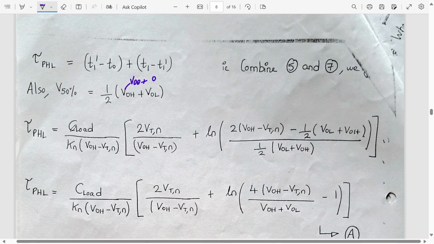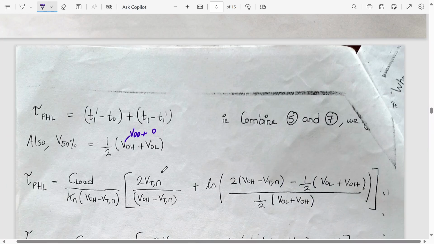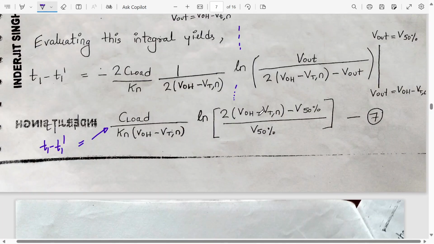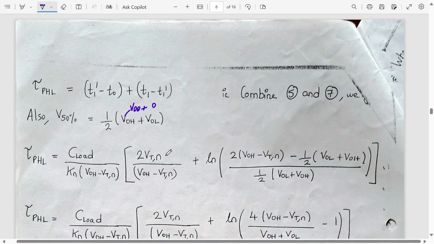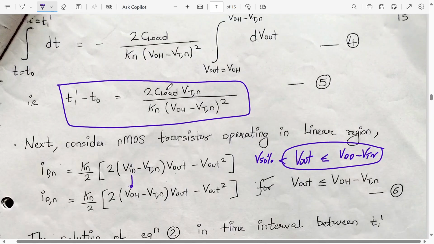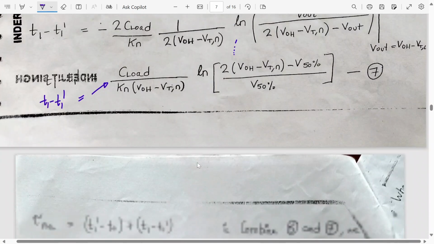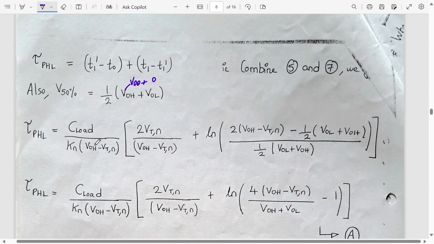So tau pHL will be C load, so C load Kn VOH minus VTN. Here it is, into twice VOH minus VTN. Here it is. So from the earlier result we have got twice VTN upon Kn into VOH minus VTN the whole square. So we have taken this Kn into VOH minus VTN the whole thing out.